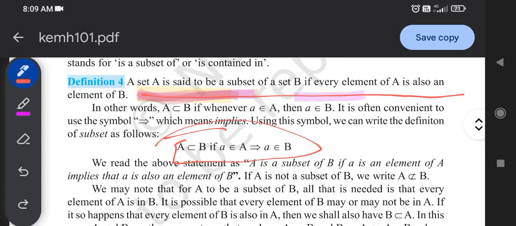Using this symbol, we can write the definition of subset as follows. A is a subset of B if a belongs to A implies that a belongs to B.